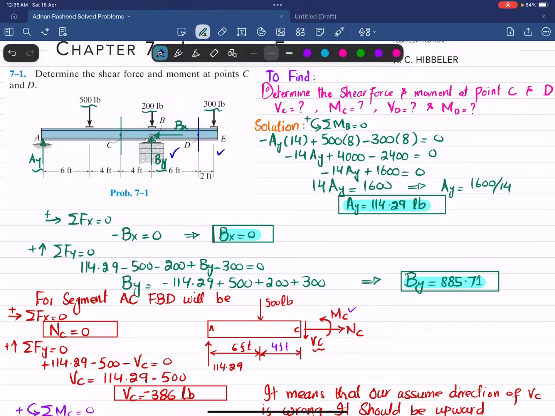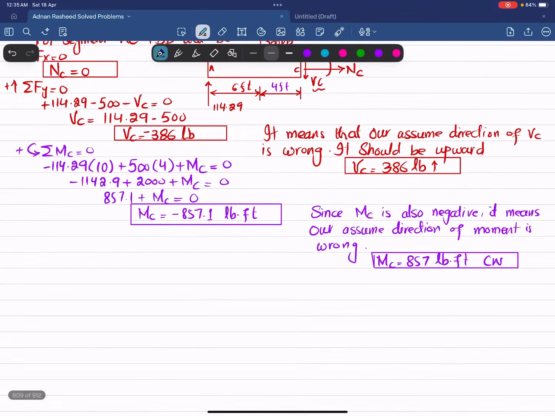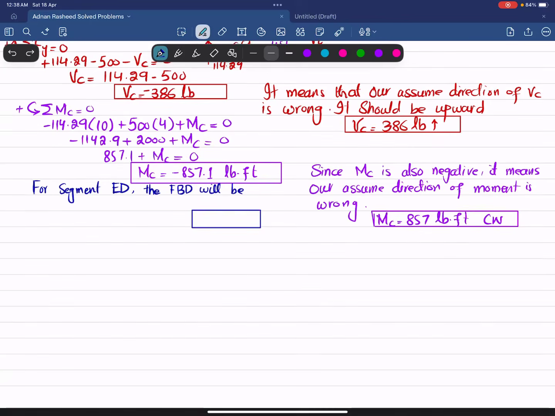So I will draw the free body diagram of segment ED. It will be the beam, this will be your point E, and this is your point D.